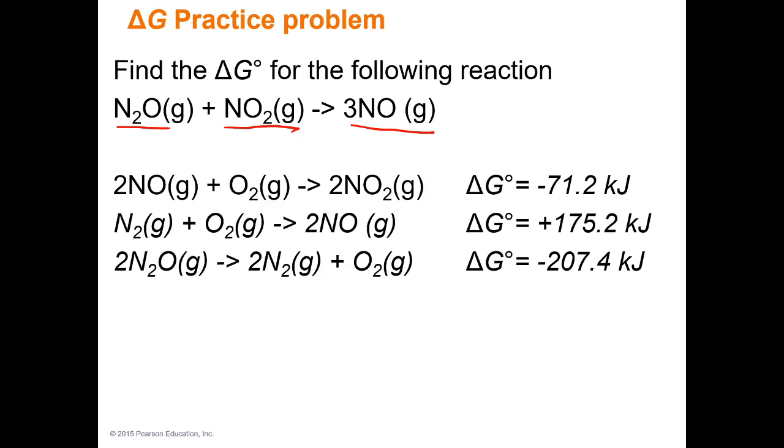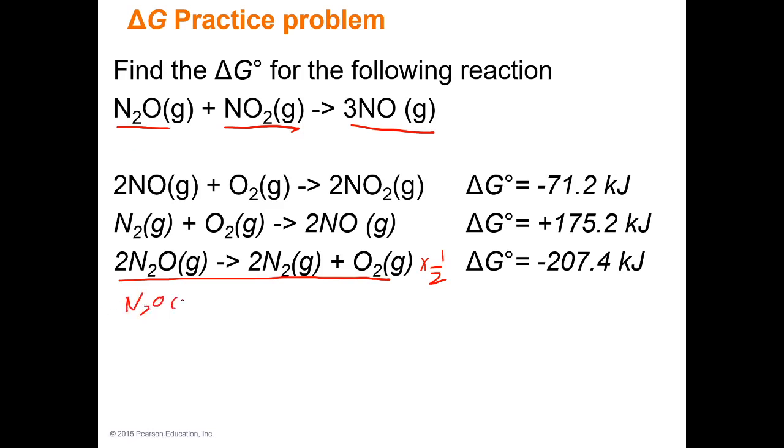Okay, having said that, I'm going to work through it now. And we'll see how it goes. So, like I suggested, we're going to start with this equation here. And you'll notice there's two N2Os here, but I only want one of them. So I'm going to multiply this by a half to help make it easier. So when I do that, and it's already on the reactant side, so I don't need to change the sides.